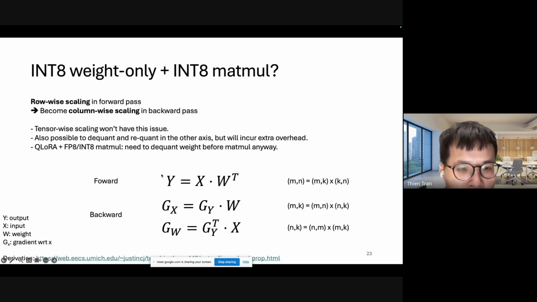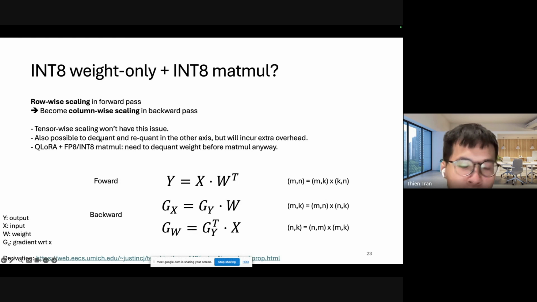So in the forward pass we quantize W in the row-wise direction, but in the backward pass W will be quantized in the column direction. That's problematic, because if we keep the int8 weight quantized per row, later we also need it quantized per column. So that's not very compatible with what we are doing right now.